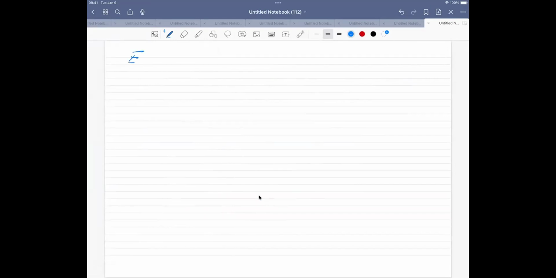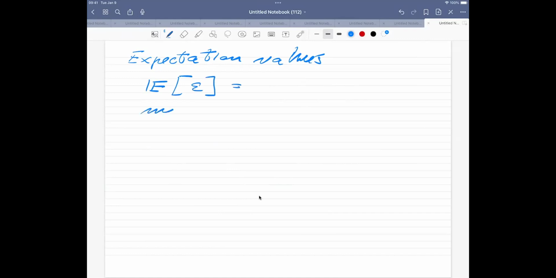Then we have the important quantities like expectation values. And if we assume that we have a continuous probability distribution, the expectation value of this variable epsilon, that is the mean value, this quantity here.